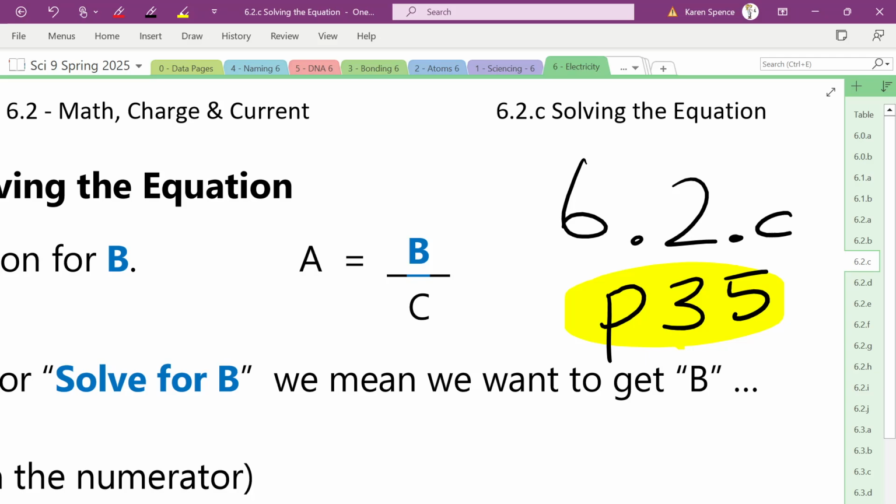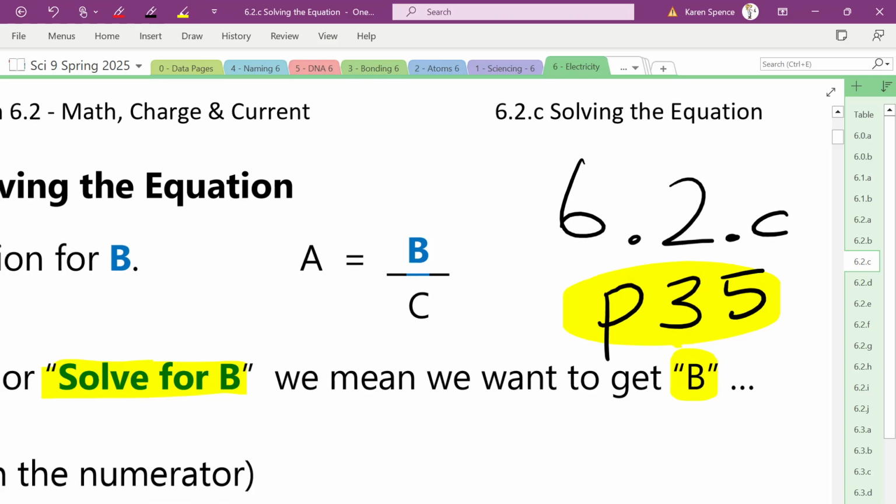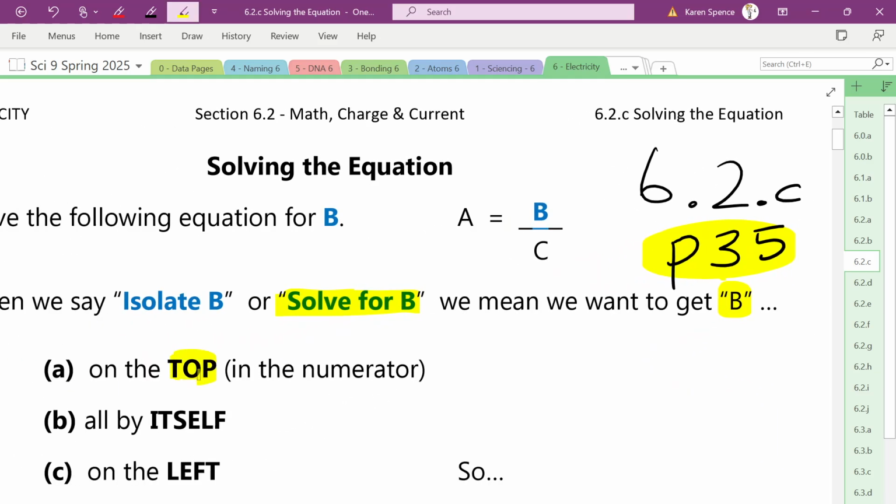So if we say solve for b, what that means is we want to get B on the top by itself and on the left.